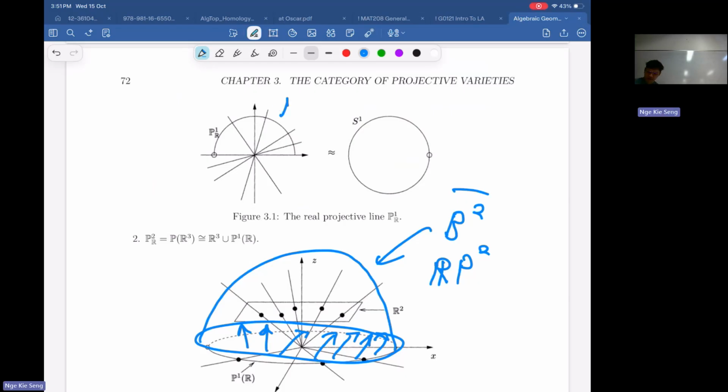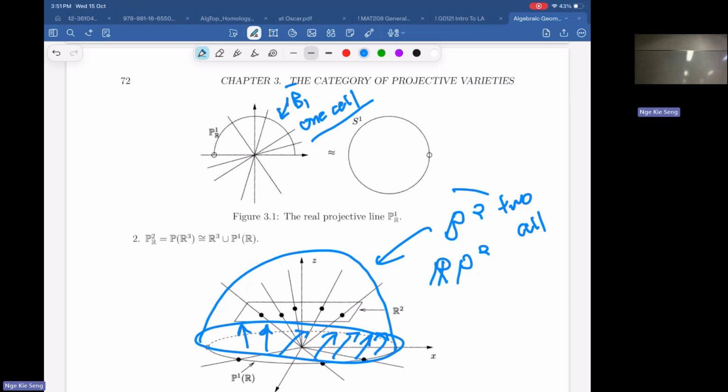Similarly, this one is the B1, right? It's a one cell. So here is a one cell. Here is the two cell. Two cell with antipodal points identified. And the other one is one cell with also the antipodal points identified.